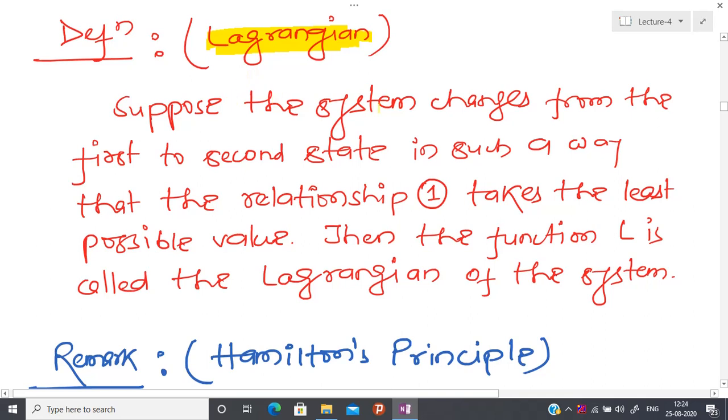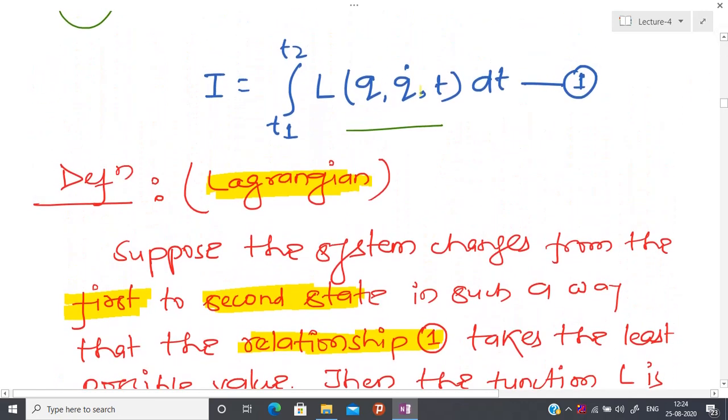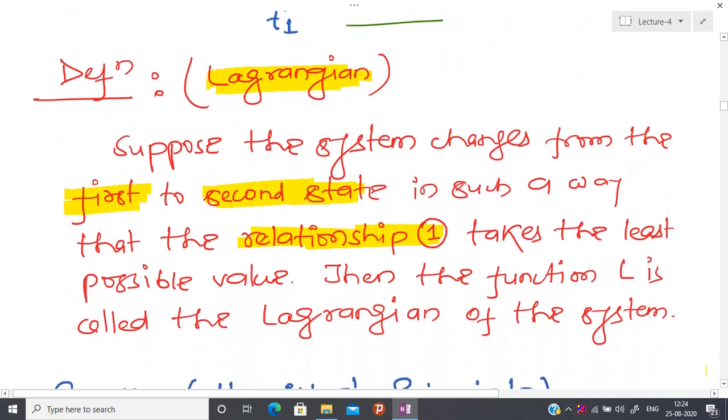Suppose that the system changes from the first to the second state. Here, state is nothing but the position or coordinates, in such a way that whatever function I have defined, this relationship takes the least possible value.